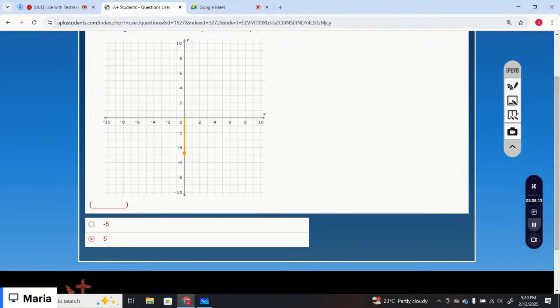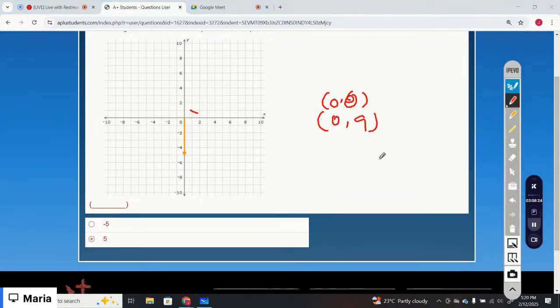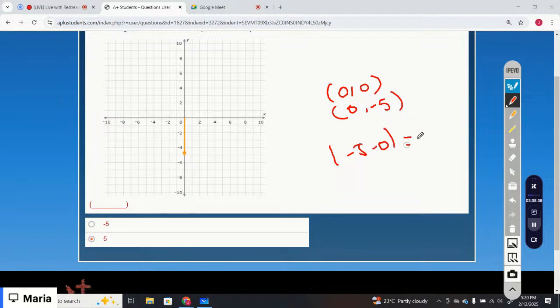Option number 2 is the correct option. No, the magnitudes are always positive values. You have to calculate the absolute value. The initial point is at 0, 0. The terminal point is 0, negative 5. You have to subtract the y coordinates and calculate the absolute value. The correct option is 5. Option number 2 is the correct option.